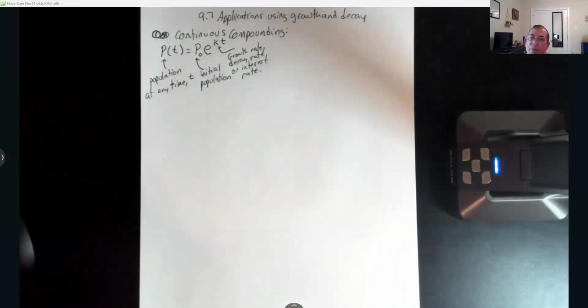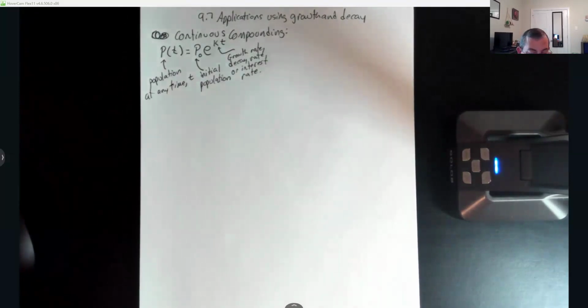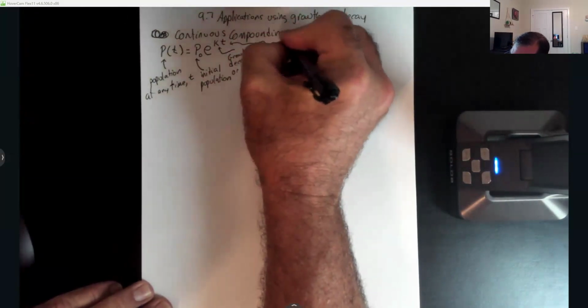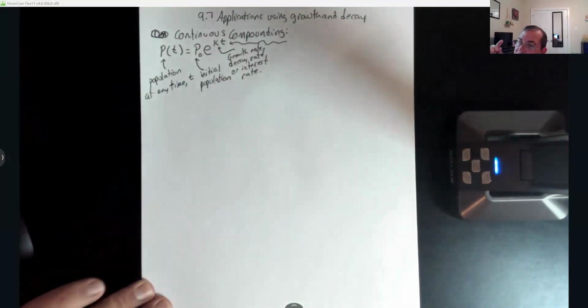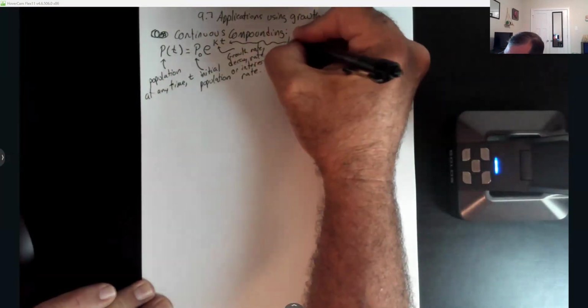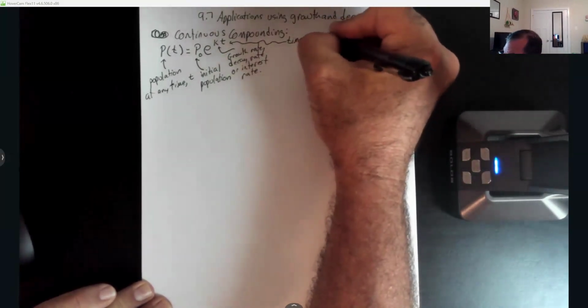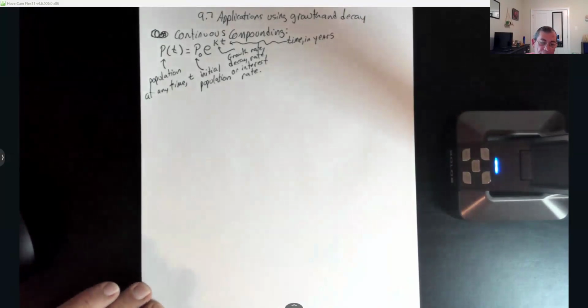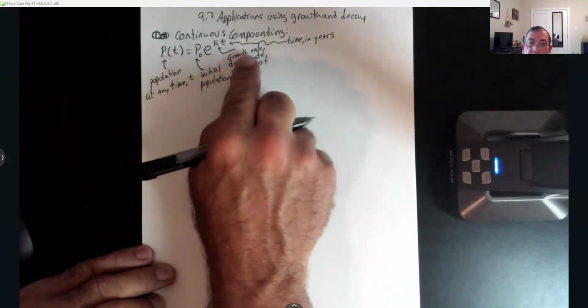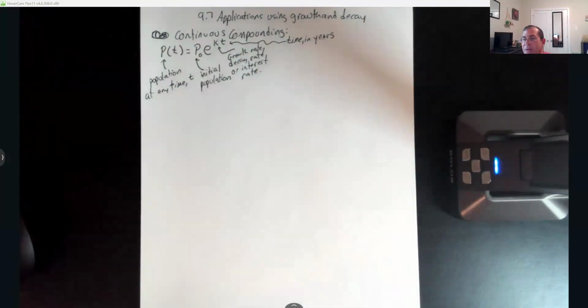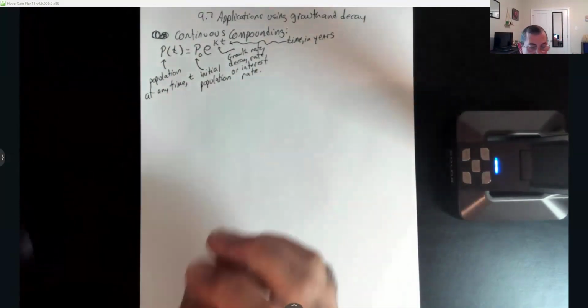Depending on what you're using the formula for, it's going to stand for one of those three. And t is the same thing as t was in the last formula. t is our time in years. Okay, so that's going to be our general formula. Notice, the only difference is the e is replacing all that stuff that we had in the parentheses before.